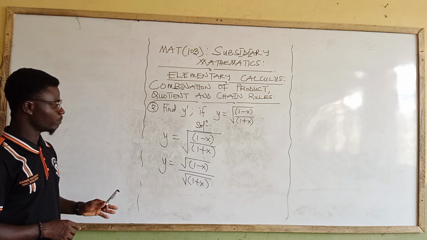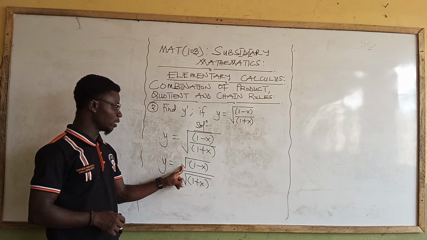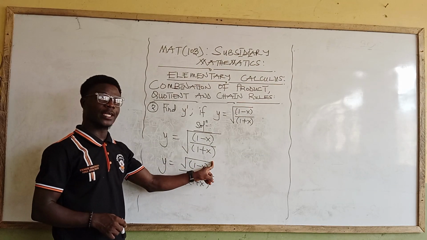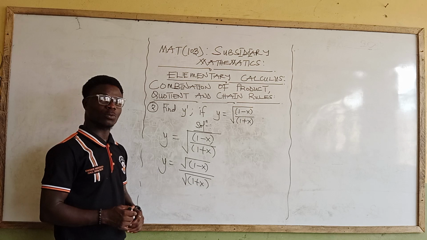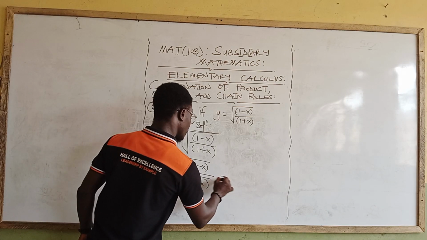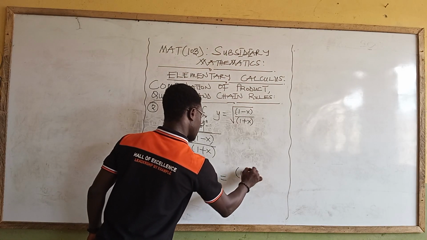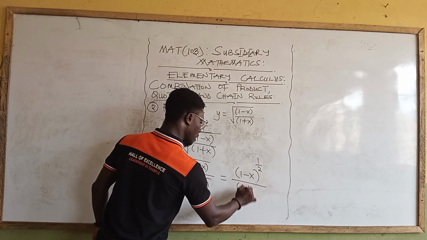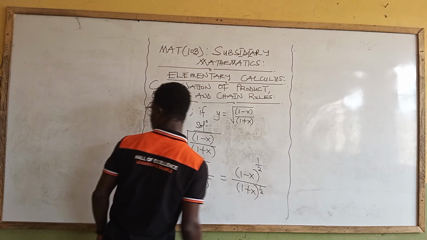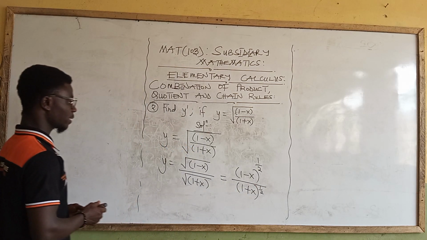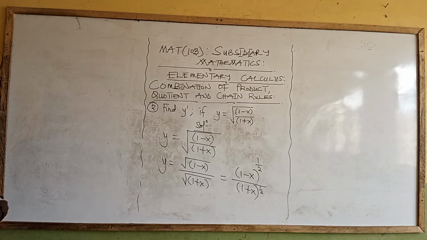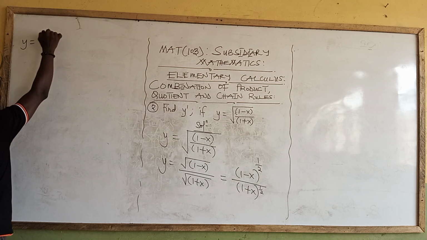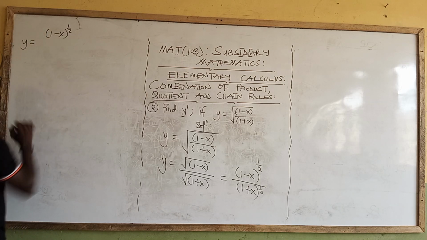So then now, you also know that this square root can be changed to exponent half. So I can get (1 minus x) exponent half, all divided by (1 plus x) exponent half. So we have this, right? Then we can proceed as if I have it as 1, y equals (1 minus x) exponent half.